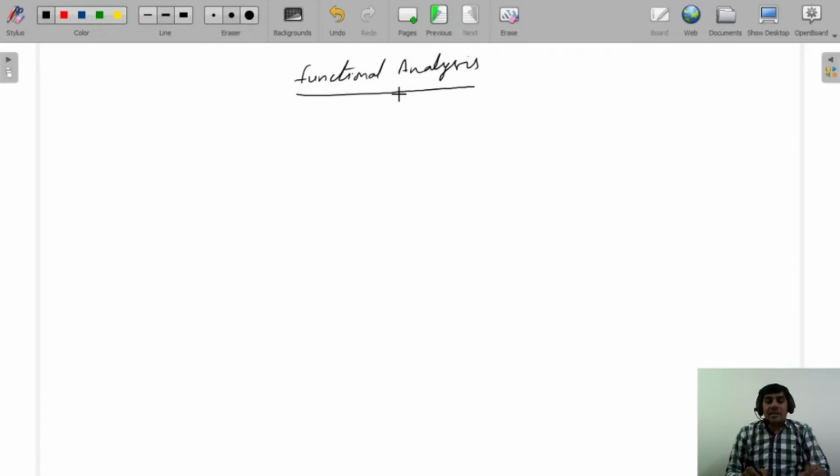Functional analysis is a compulsory paper in MSc second year. In functional analysis, we discuss some spaces like Banach space, Hilbert space and metric space in detail. These spaces will have a set of elements satisfying certain properties.